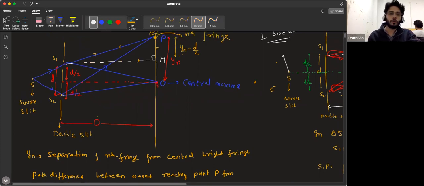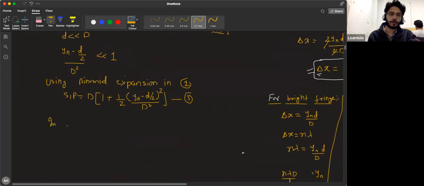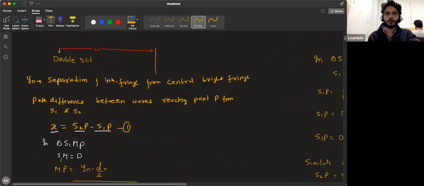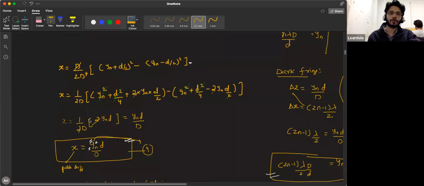For S2P, we can drop a perpendicular over the screen and give this perpendicular the name N. So you have this right angle triangle S2NP. Here, S2P is the hypotenuse, which is S2N square plus PN square.